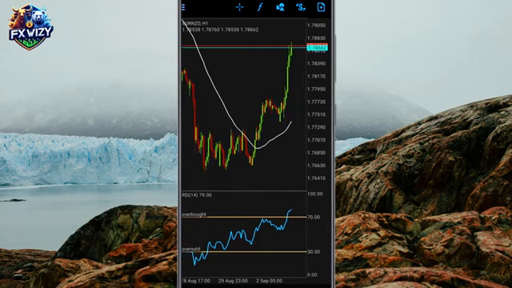To open a buy position, first you need to wait for 2 things, right? If the price is above the 50 moving average, that means the market is going up, right? The price determines that the overall trend is going up, it's an uptrend.